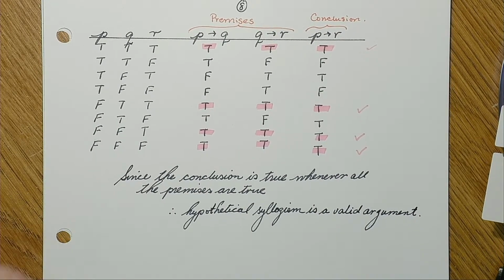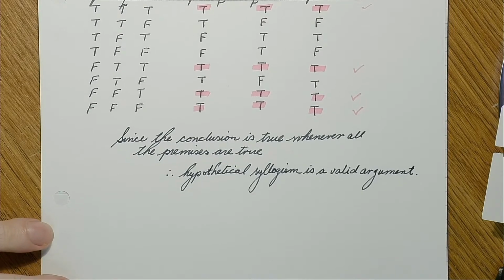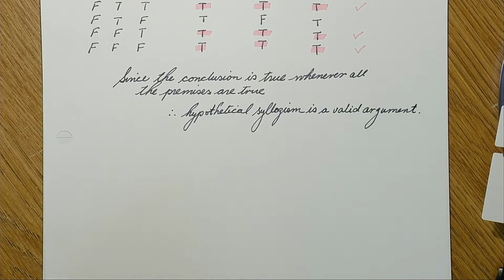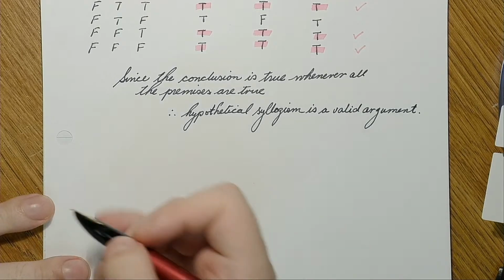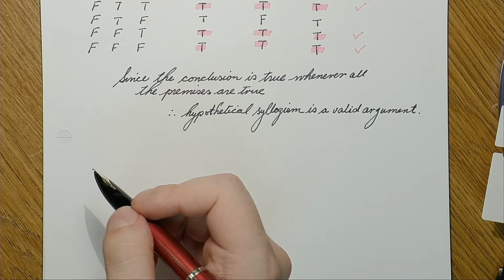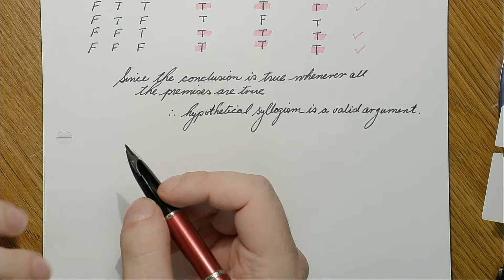Okay. And we have time for one more. So we have two syllogisms. There's the hypothetical, and then there's also something called the disjunctive syllogism. So this one doesn't have the hypotheticals. It doesn't have the implications.